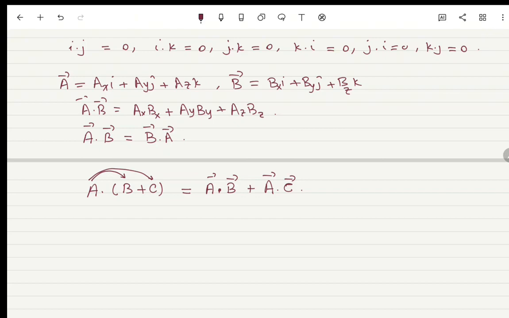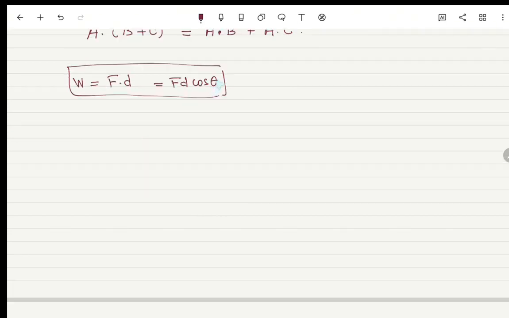A real example of dot product is work. So work in physics is defined as F dot D, equal to F D cosine theta, where theta here is the angle between F and D.